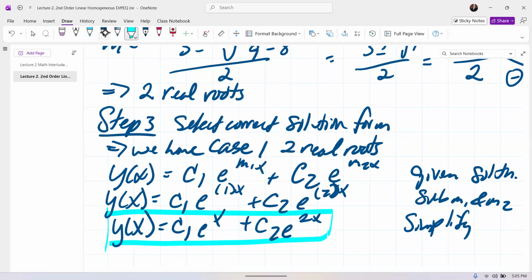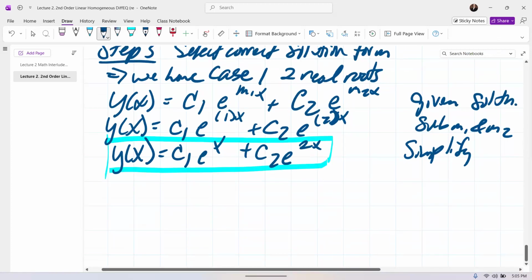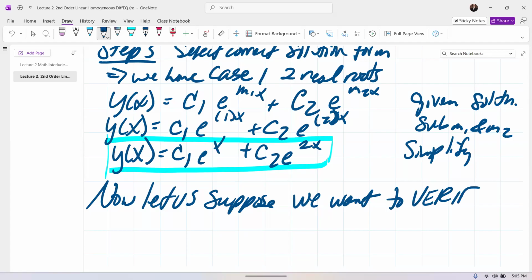Yay. The next thing that we might want to do then is verify the solution. Now let us suppose we want to verify the solution.